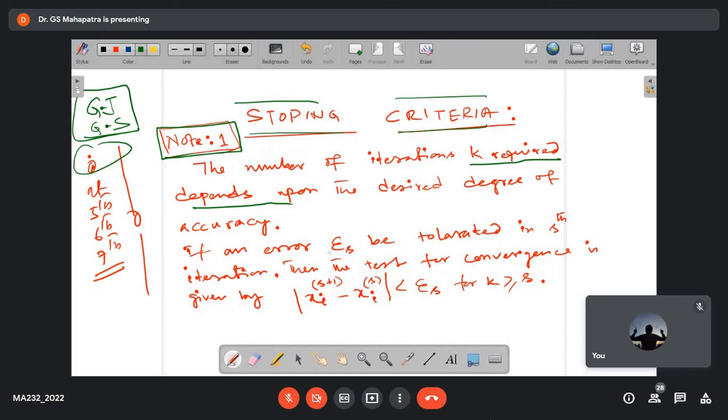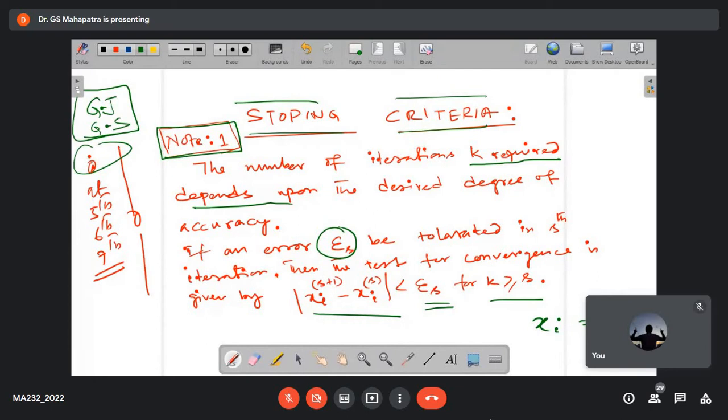If an error is to be tolerated in the sth iteration, then the test for convergence is given by the norm of x^(s+1) minus x^(s) less than epsilon_s. There is actually an s value, that is the error. This outcome should be less than this estimated error. So k greater than or equal to s. What is the meaning? This x^i represents the vector x1, x2, x3.